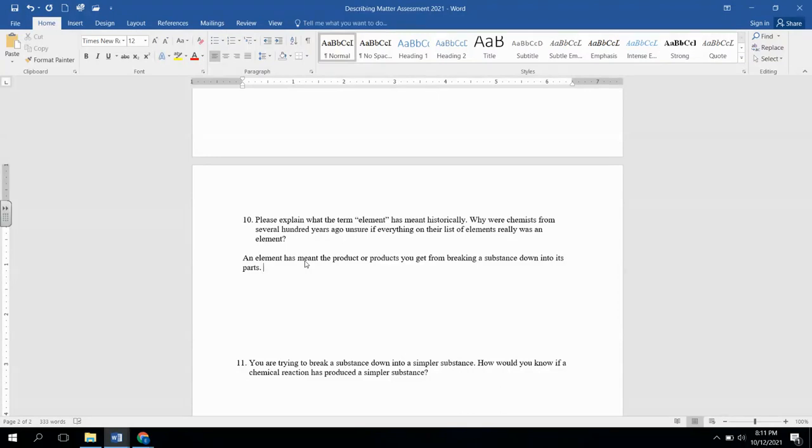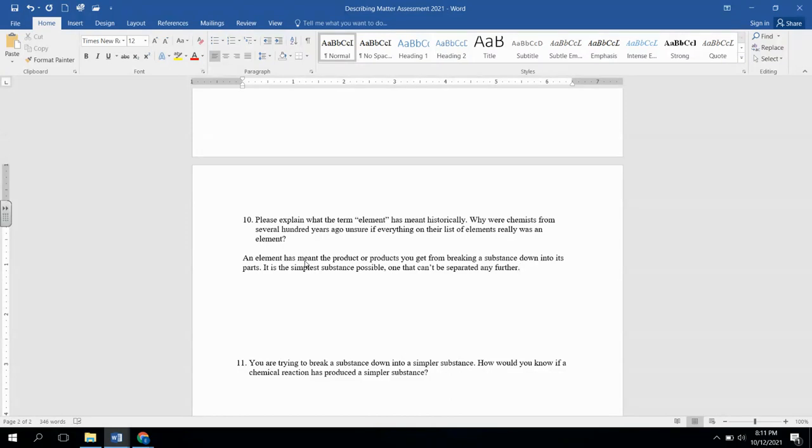You break it down, you get simpler substances, and then finally you get something you can't break down anymore. So we could say it is the simplest substance possible, one that can't be separated any further. So quite a few things there that you could say.